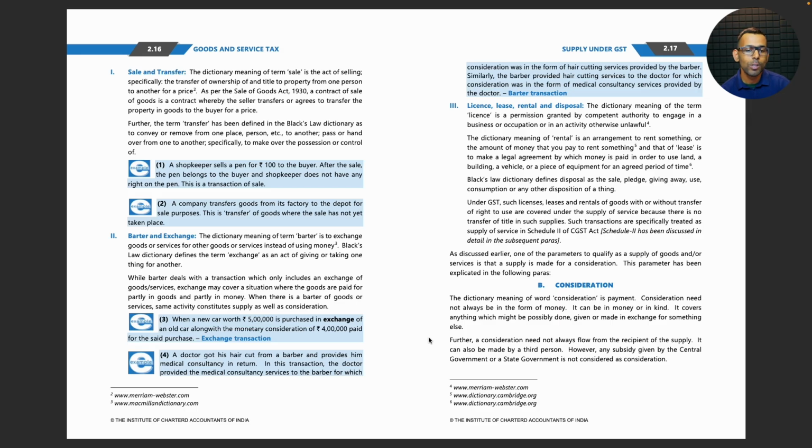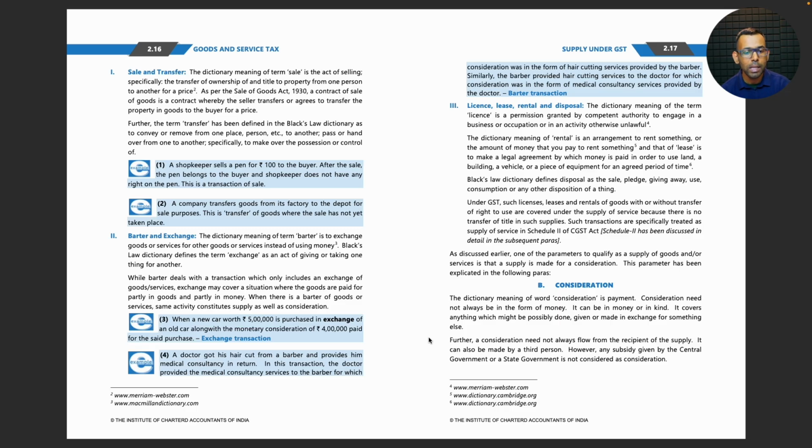As per the Sale of Goods Act 1930, a contract of sale of goods is a contract whereby the seller transfers or agrees to transfer the property in goods to the buyer for a price. Further, the term transfer has been defined in Black's Law Dictionary as to convey or remove from one place, person, etc. to another, pass or hand over from one to another, specifically to make over the possession or control of.